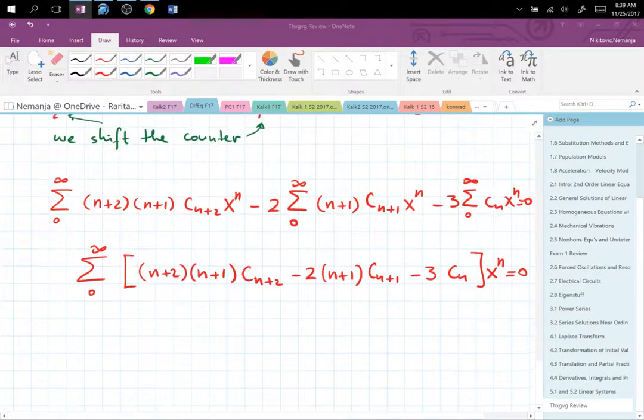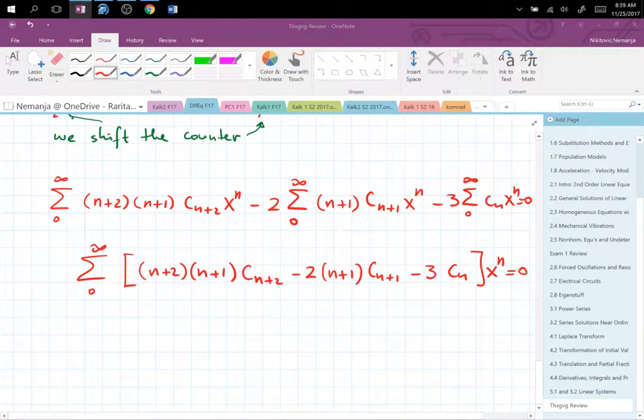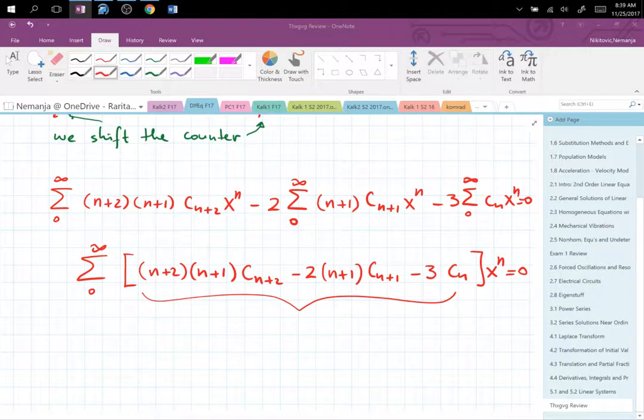We have the recursion equation here. When we take this thing and set it equal to 0, because by the zero product rule, we know that either this is 0 or that is 0. Now we don't want x to the n to be 0 because that is a trivial solution, so we want the coefficient to be 0, which gives us the recurrence relation.